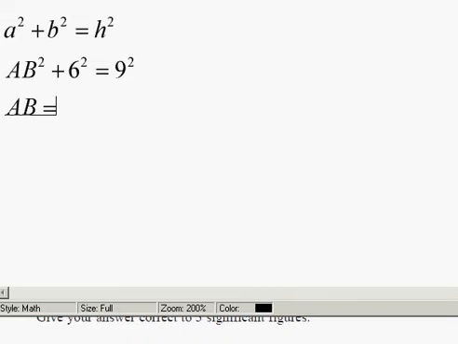So I need to use a strategy to rearrange this equation up here into something like AB equals and then some number on the other side, the length of that side. So to do that, first of all, I'm going to subtract this 6 squared to get AB squared by itself. So it's going to be AB squared.